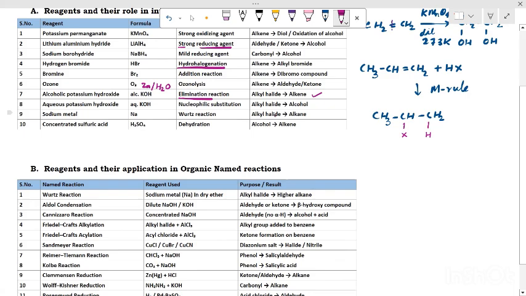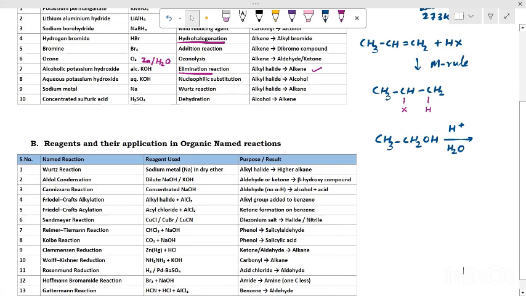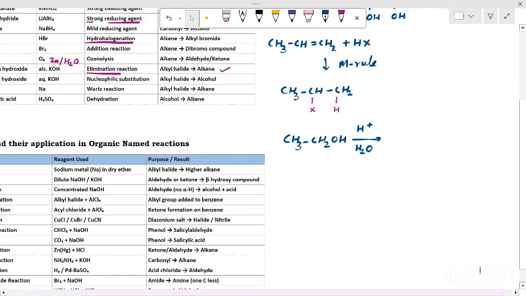Then we have concentrated sulfuric acid. तो अल्कोहल्स को अगर हम concentrated sulfuric acid में लेते हैं. So alcohols undergo, let's say we are having CH3CH2OH, and we are taking acidic solution and we are hydrating alcohol. So via protonation, alcohol undergo elimination to form alkene as the product.